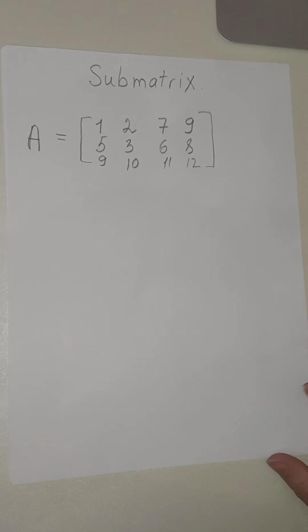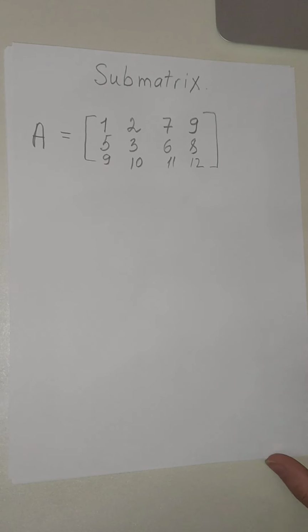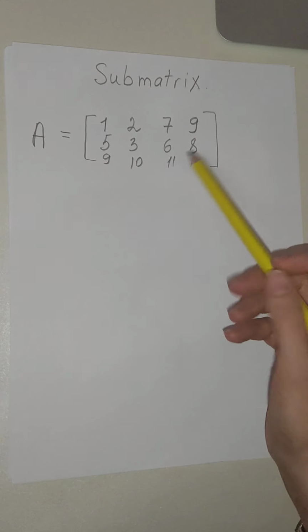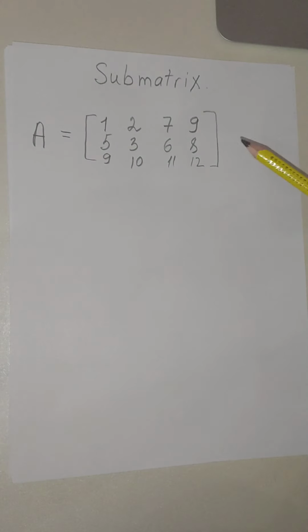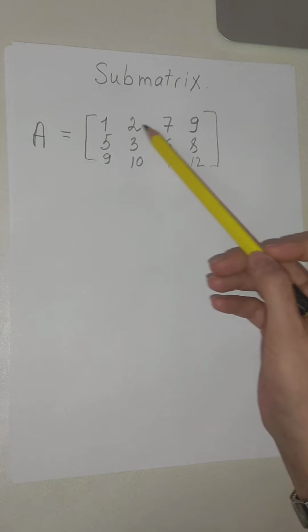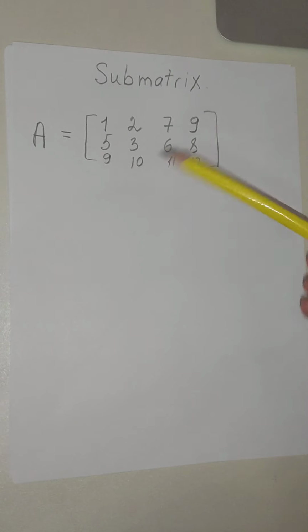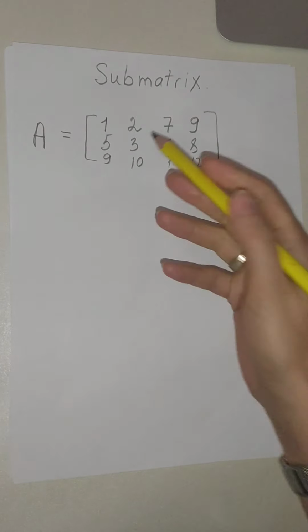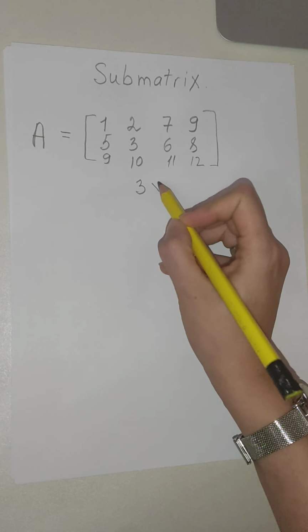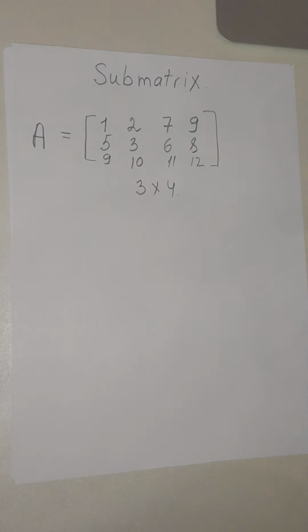A submatrix. What is a submatrix? Let the given matrix be A, which consists of 3 rows and 4 columns. This matrix is 3 by 4. A submatrix of a matrix is obtained by deleting any collection of rows and columns.